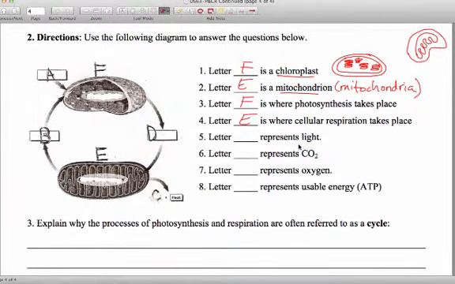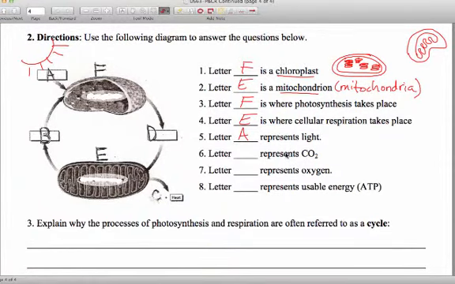For number 5, we're trying to figure out what represents light. And remember, this is a cyclical relationship. So unless both of them use it, we're always going to be looking for something that's coming in from the outside that represents light, and that's going to be A. So this is going to be our sun, which gives us our light. Looking at what represents CO2, CO2 is represented by something that's going to be created by one thing and taken in by another.